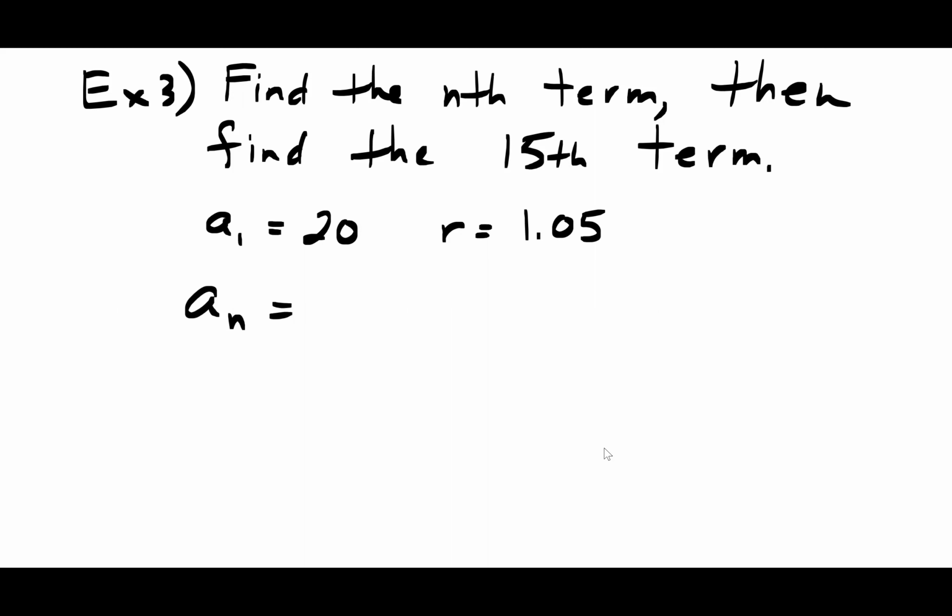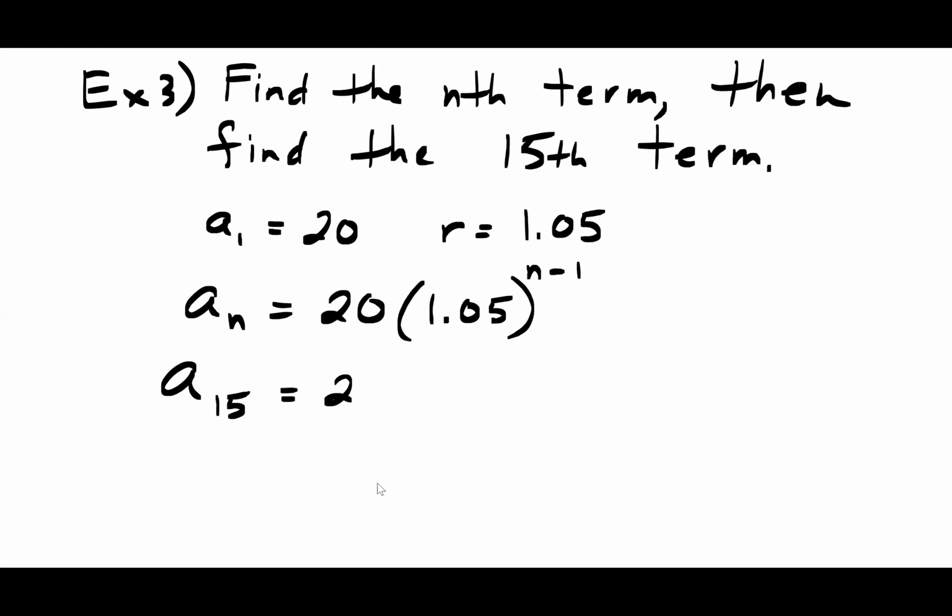You have everything you need right there. All right, A sub n is A sub 1, 20, times the R value 1.05 taken to the n minus 1. There's my formula all done. Now let's figure out the 15th term. A of 15 is 20 times 1.05 to the 14, because we're always off by 1.